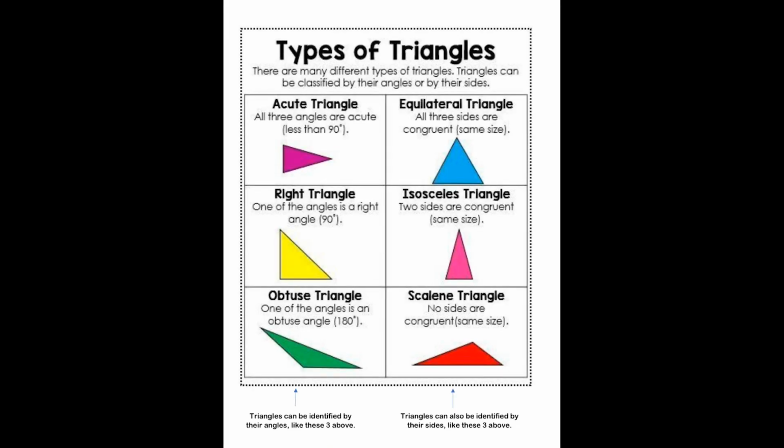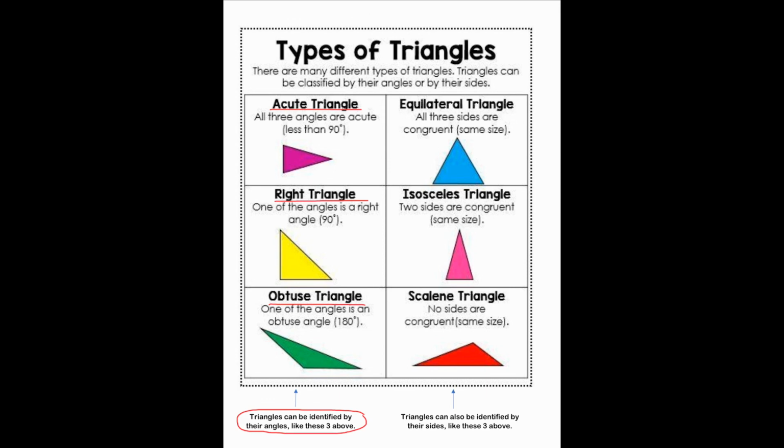Here's the chart with the 6 different names of triangles. The 3 on the left identify them based on the angles, and the 3 on the right identify them based on the sides. If you look on the left, you can see that these 3 are based on the angles. So an acute triangle has only acute angles.